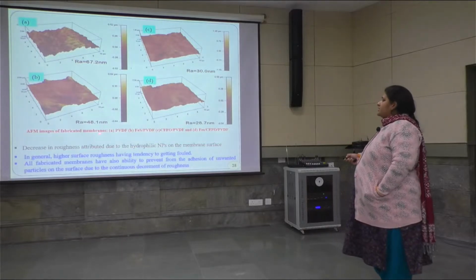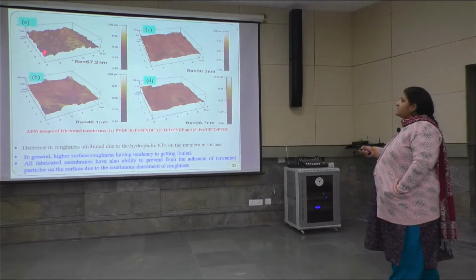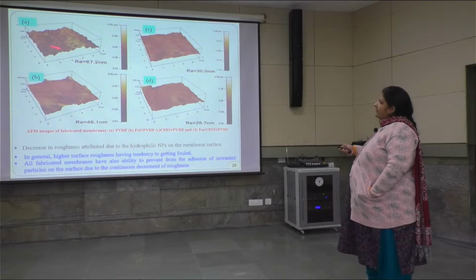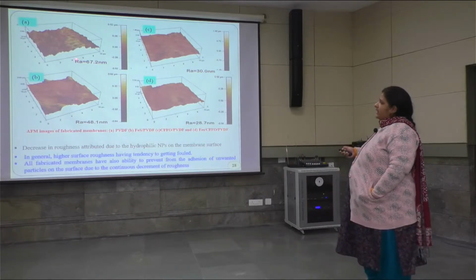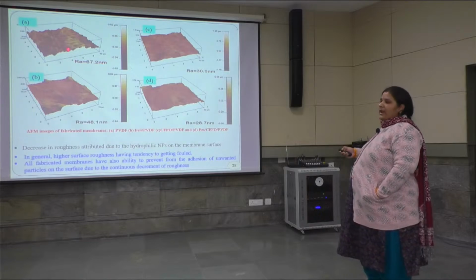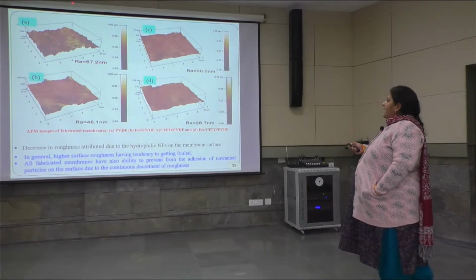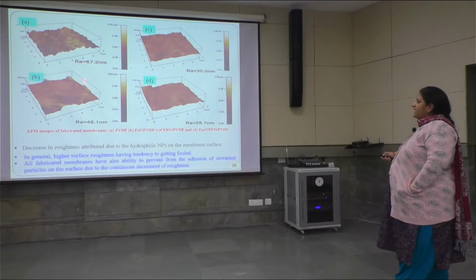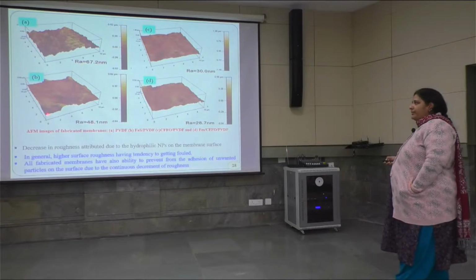These are the AFM images of all these fabricated membranes. This is the simple PVDF having no nanoparticles. We can see here the roughness is around 67.2 because there is no doping of any nanoparticles. In the case of B, we can see the roughness decreases after doping of a single nanoparticle, which is FeS.